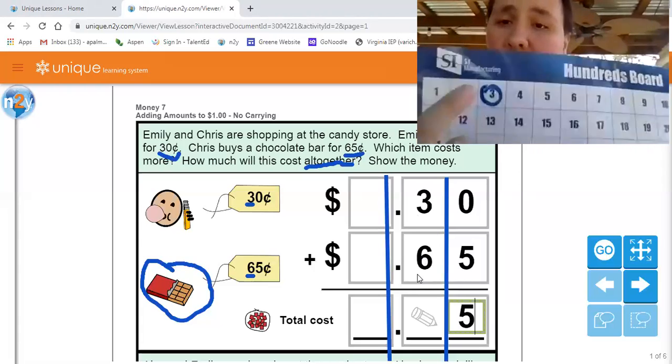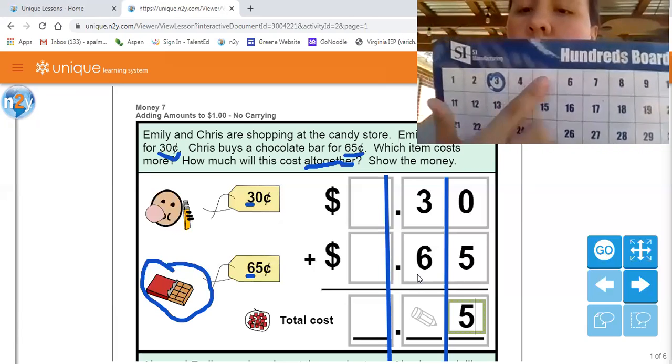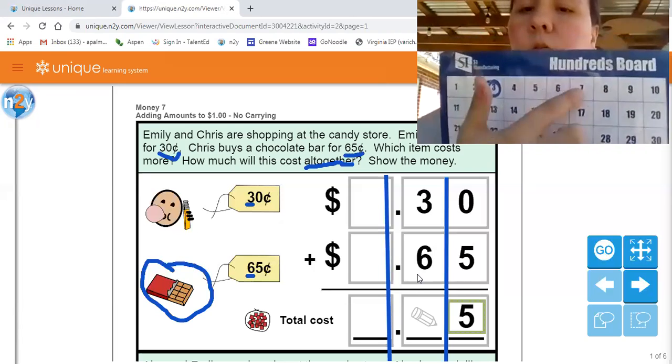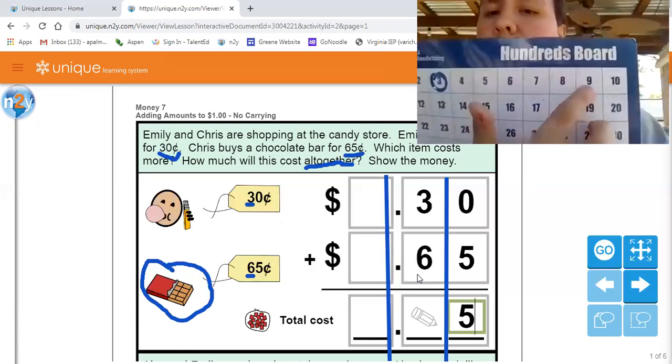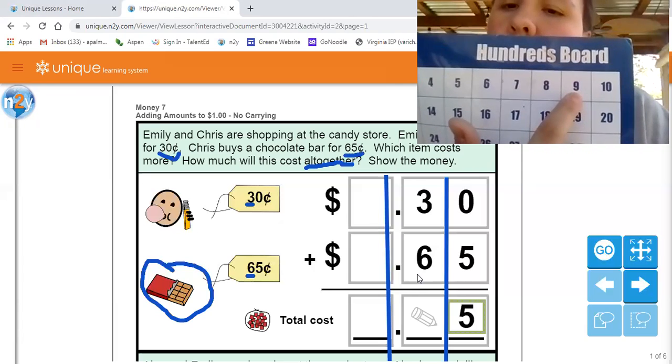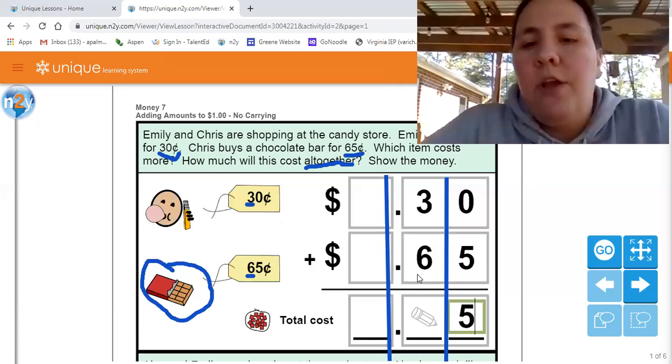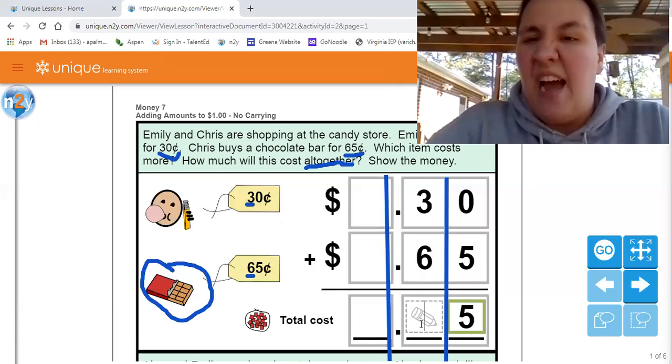So it looks like this. Are we ready? I'm going to start at 3 and I'm going to count to 6. 1, 2, 3, 4, 5, and 6. So my answer is the number that I landed on. What number did I land on? Very good, a 9. So with your finger at home, I want you to find the number 9 and touch it.